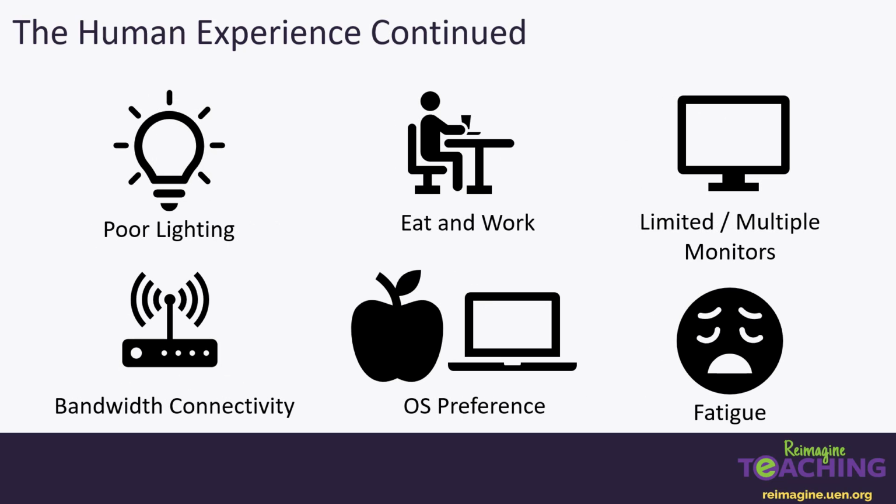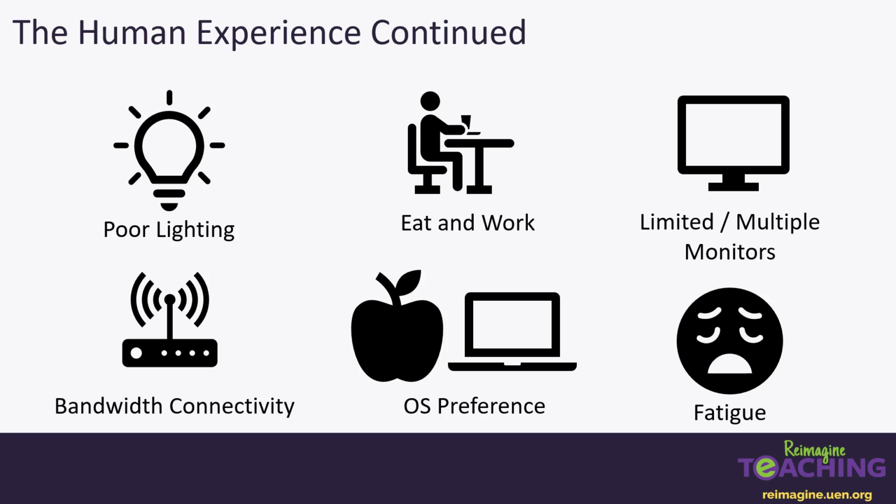But we also need to consider other things like poor lighting or students who are eating and working at the same space, especially in pertinence to our college students. We have students who have limited monitors or multiple monitors. What you can do in your learning situation if you have 3 monitors is very different compared to if you're constrained to a mobile device. Bandwidth connectivity or the digital divide is definitely a concern.